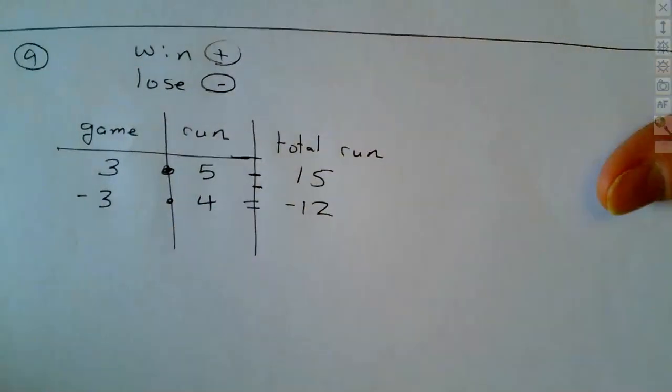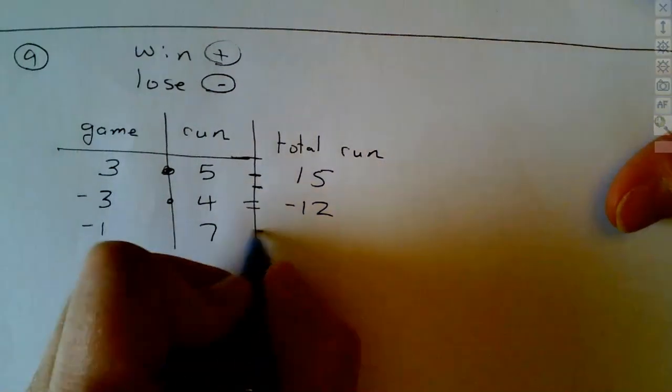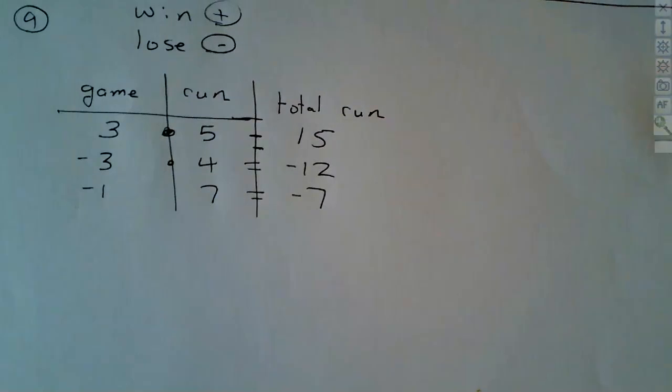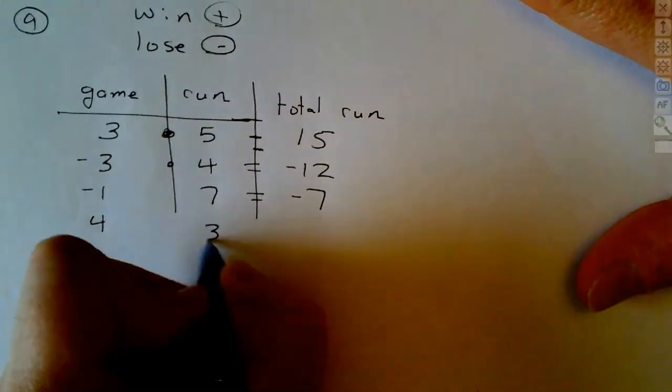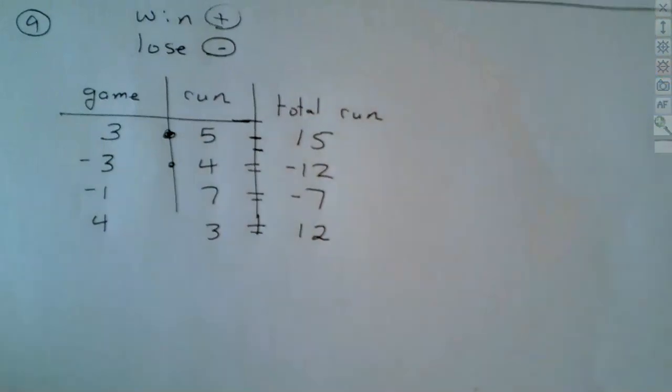That's a negative 12. Then we lost 1 game by 7 runs, so that's a negative. Multiply across. Well, that's a negative 7 there. And then we finished the season by winning 4 games by 3 runs. So that comes out to be a positive 12.